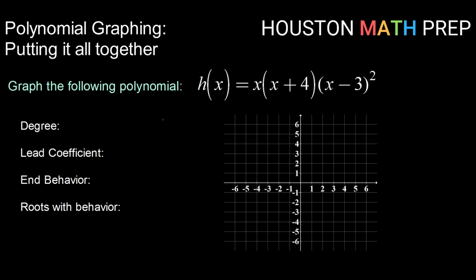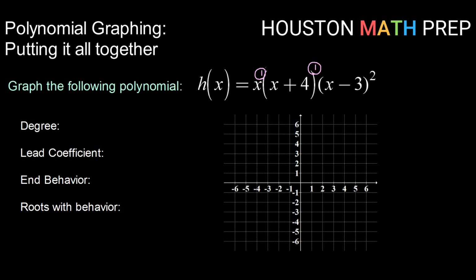Now typically we easily find our degree from the highest power of x in standard form, but here our polynomial is given to us in factored form. So in factored form, the way that we find the degree is we add up all the exponents from each of the factors.